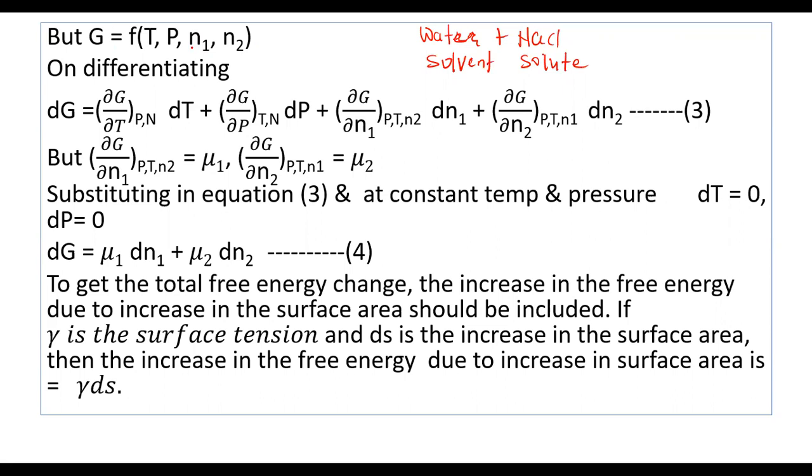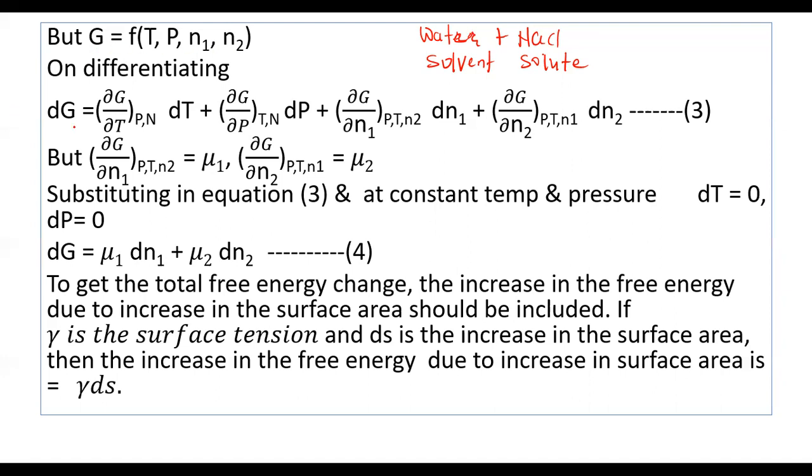So mathematically, we can write free energy G equal to a function of temperature, pressure, and number of moles of the constituents, where N1 is the number of moles of water, and N2 is the number of moles of the solute, that is sodium chloride. Now let us differentiate this equation.